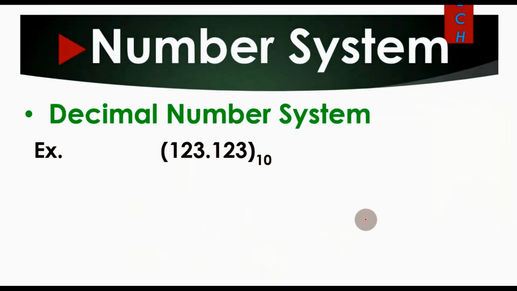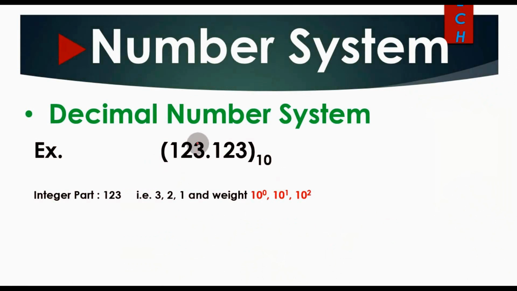Let us consider one example and see how we can write it mathematically using the decimal number system. This is the integer part and this is the fractional part, of base 10. For the integer part 123, this is units, tens and hundreds.